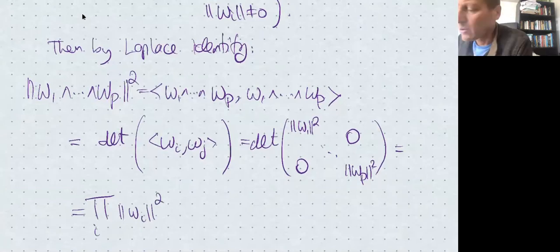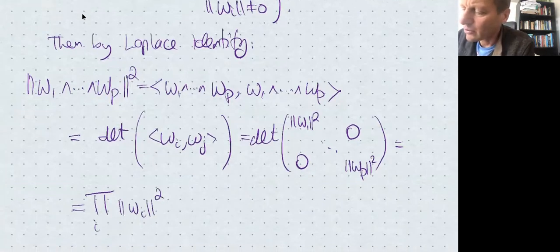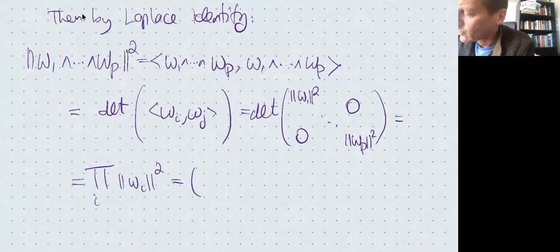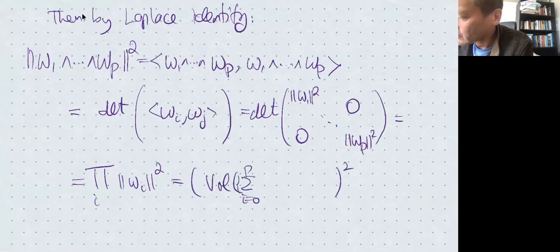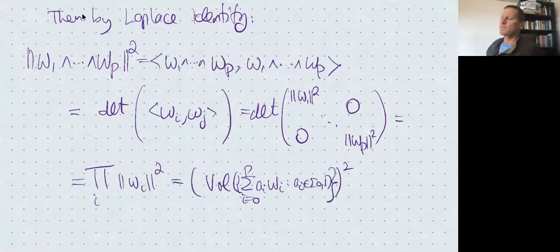And so this is also the square of the volume of the corresponding box, right?